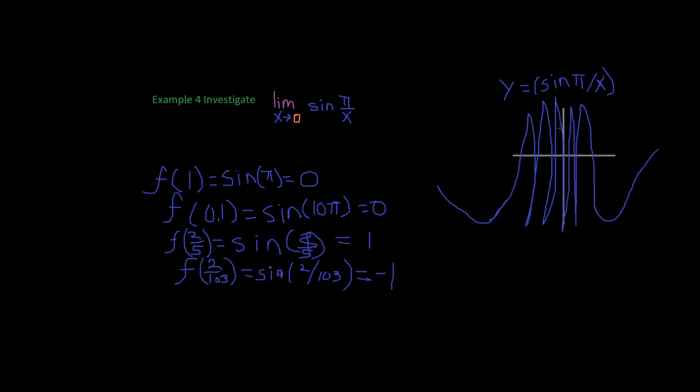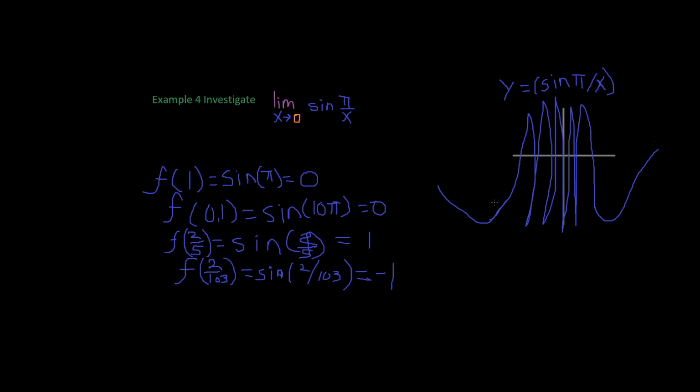And if you look at our graph over here, this is why the graph looks all weird. These numbers are changing by just a little bit, and they're going 1, 0, -1, 0, 1, 0, -1. So they're going back and forth.